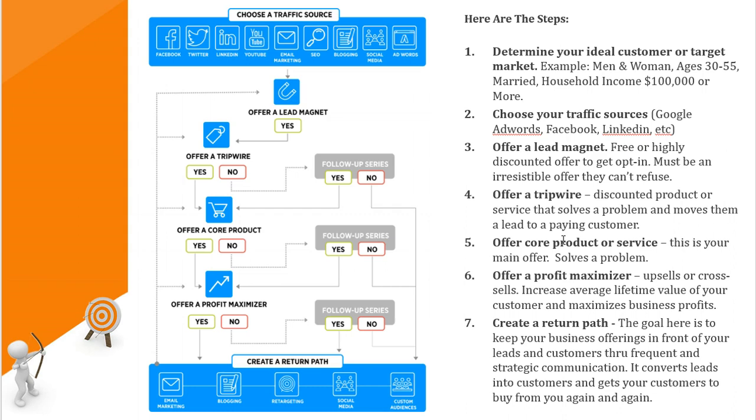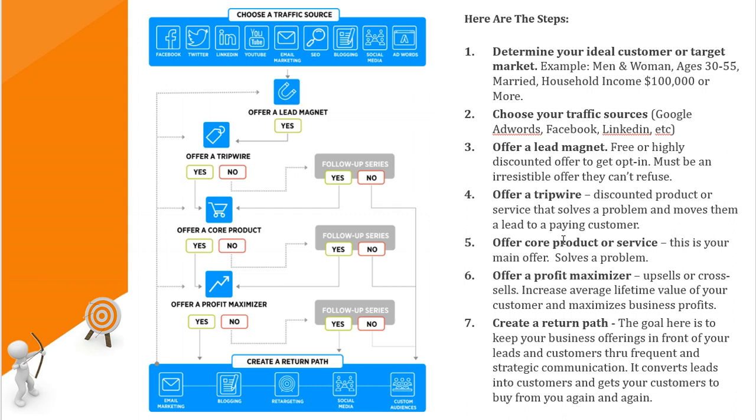You may not offer me a lead magnet or a tripwire, but I'm going to call for that towing service. So it probably doesn't make sense because I want your core product or service right away. It really depends on the type of business that you have and how long your sales cycles are, that sort of thing.